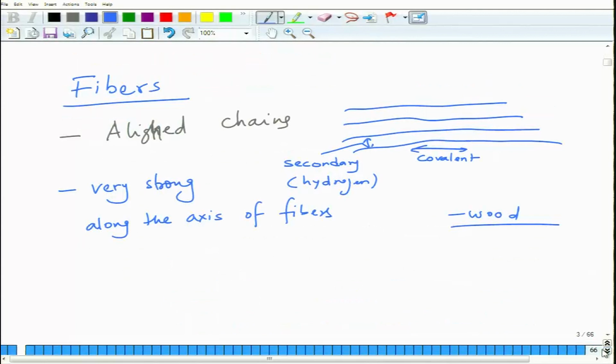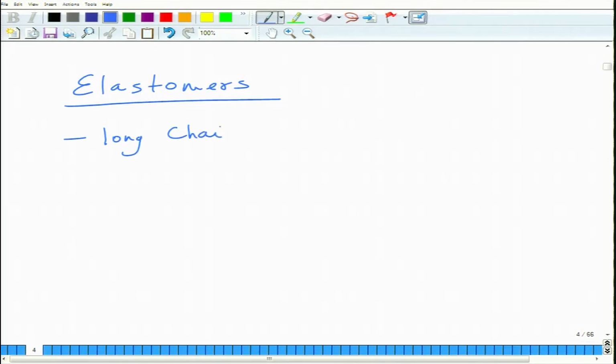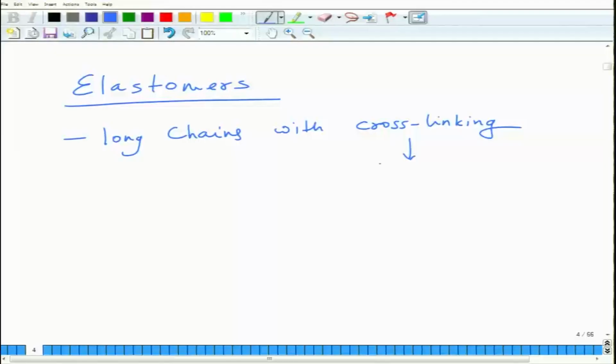The third category is elastomers. Basically these are long chain molecules with cross linking across the chains, and the cross links are not secondary bonds, they could be proper primary bonds.